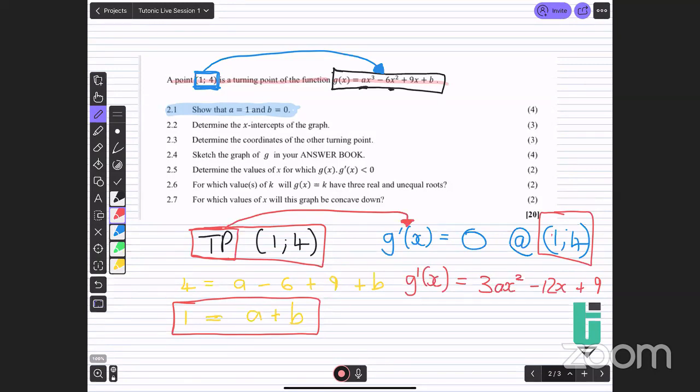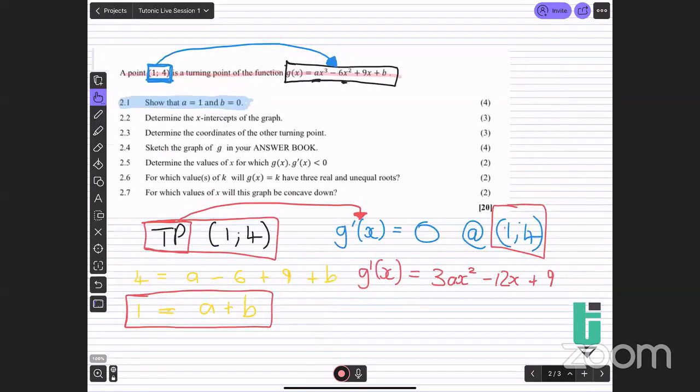Okay. And we're saying that this g dash x equals naught. But when x is what value? When x is 1. So that means that 3a, if we take it over to the other side, minus 12 plus 9 is minus 3, right?